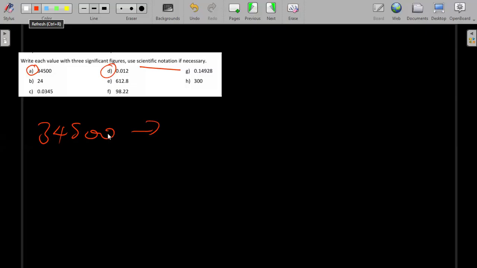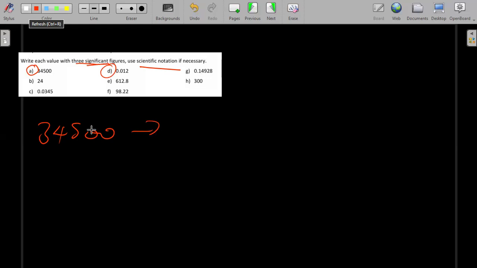So we have 34,500 here. Then we have to write it in 3 significant figures, and we are told we can use scientific notation if necessary.